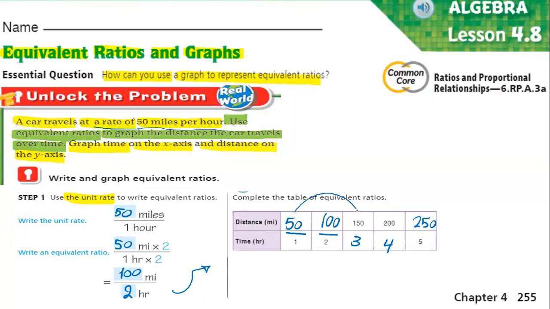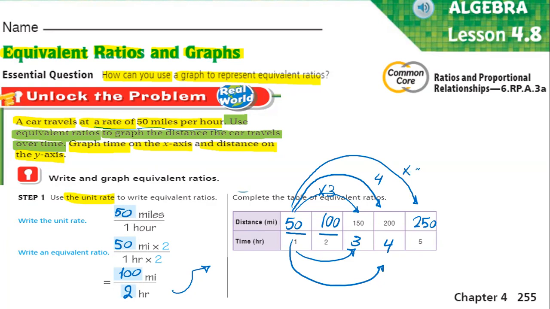When we multiply by 3, 50 times 3, we got 150 per 3 hours. When we multiply by 4, we got 200 miles. When we multiply by 5, we got 250 in 5 hours. Thank you for this answering.